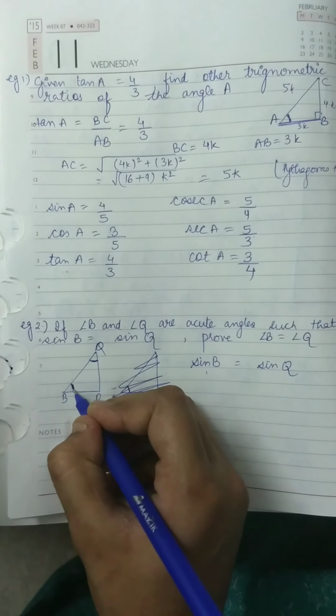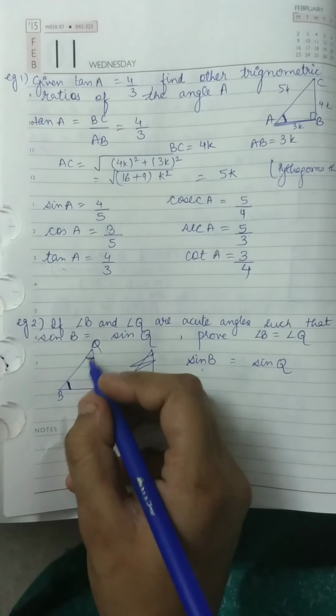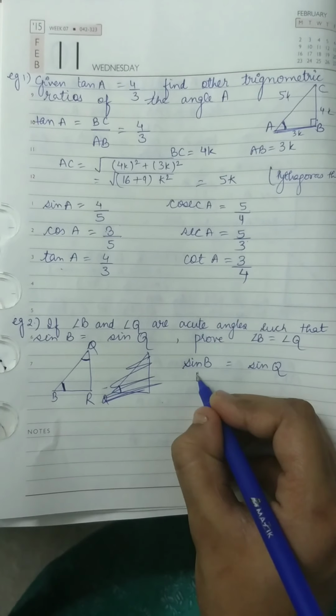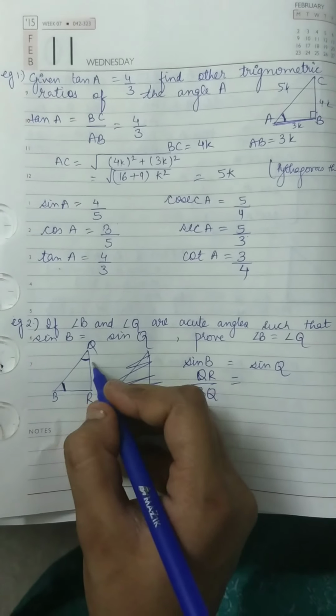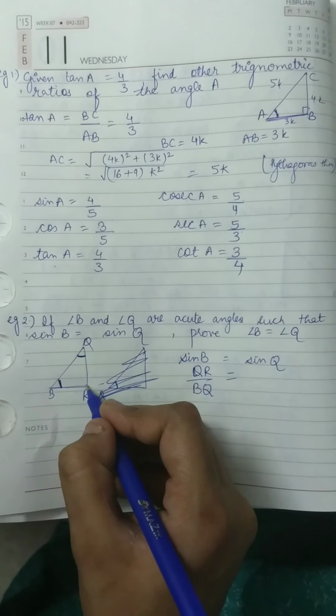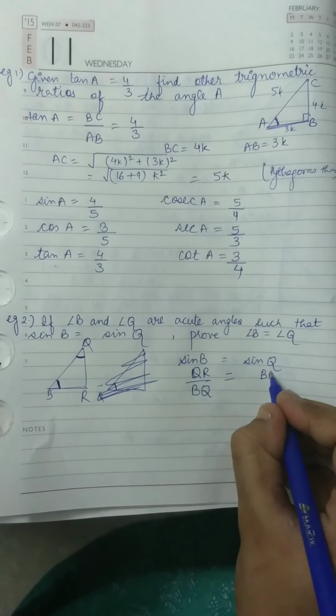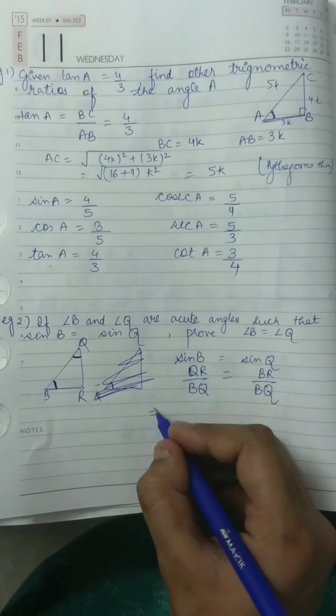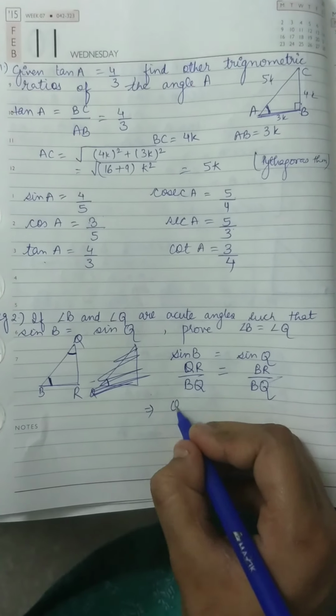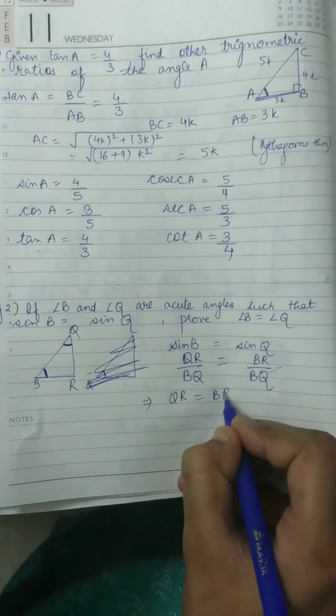So sin B can be written as side opposite to B upon hypotenuse, or QR upon BQ is equal to sin Q. Sin Q gives us BR upon BQ. So if I equate this, BQ gets cancelled, therefore QR is equal to BR.